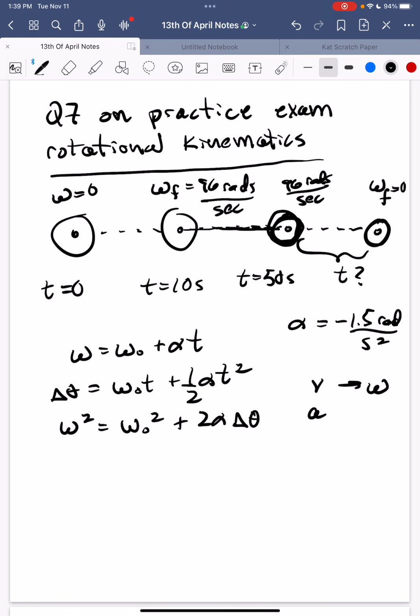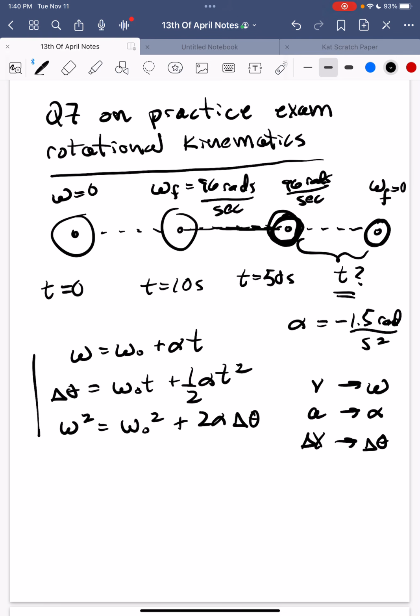Instead of having acceleration a, we're going to have angular acceleration alpha, and instead of something like a delta x, we're going to have some change in angular position. So these are the substitutions we make based on our previous knowledge of the kinematic equations. So for this particular problem, we're after the time.